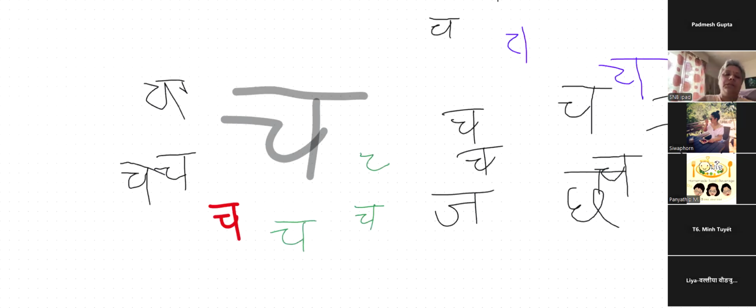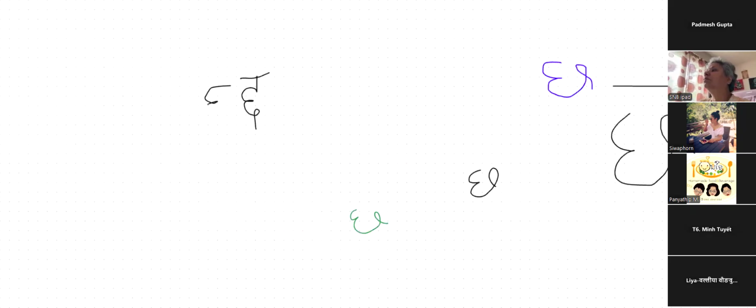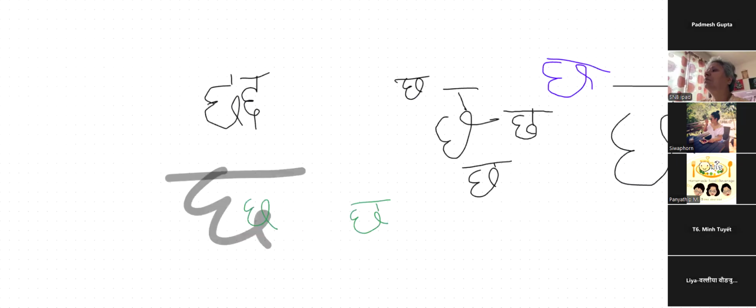Very good. Now I'm removing this. Now please write for me. छ से छाता. Very good. Well done.